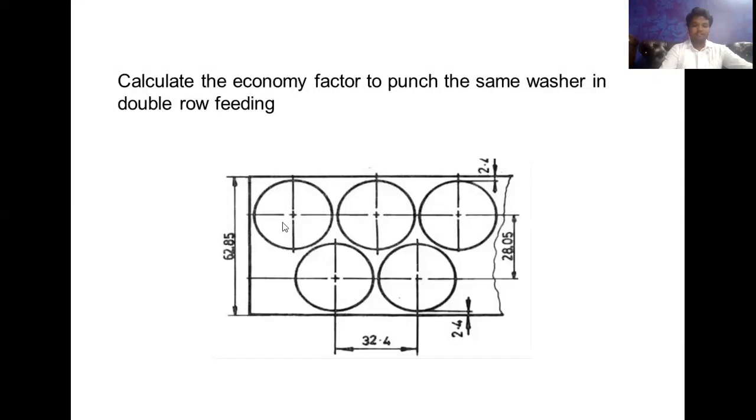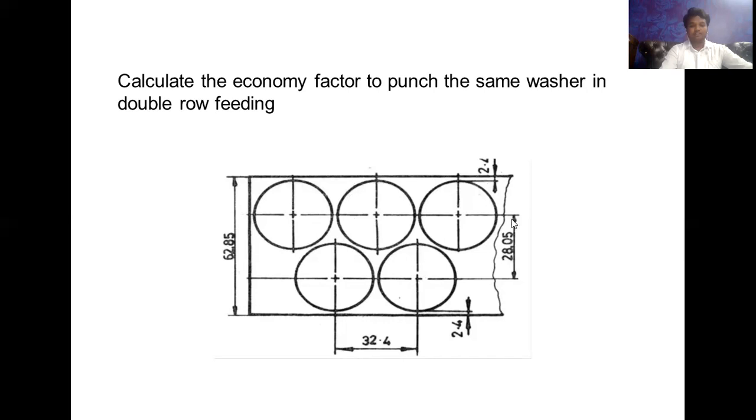Then we can directly draw the circle of radius 15 mm such that you have the scrap width 2.4 at the back and 2.4 at the front.